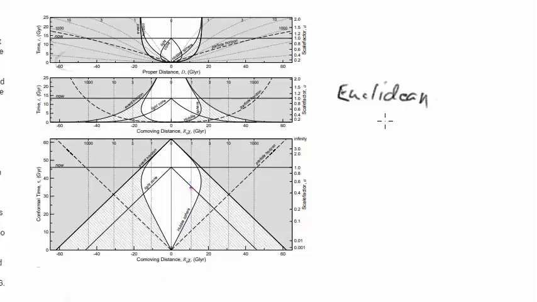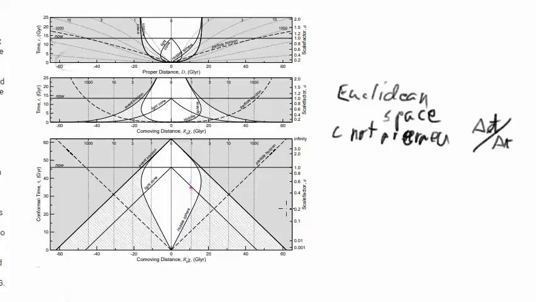But actually this has Euclidean space, but C is not preserved. But the rate of time, the delta t of the clock per delta t experienced, is constant.